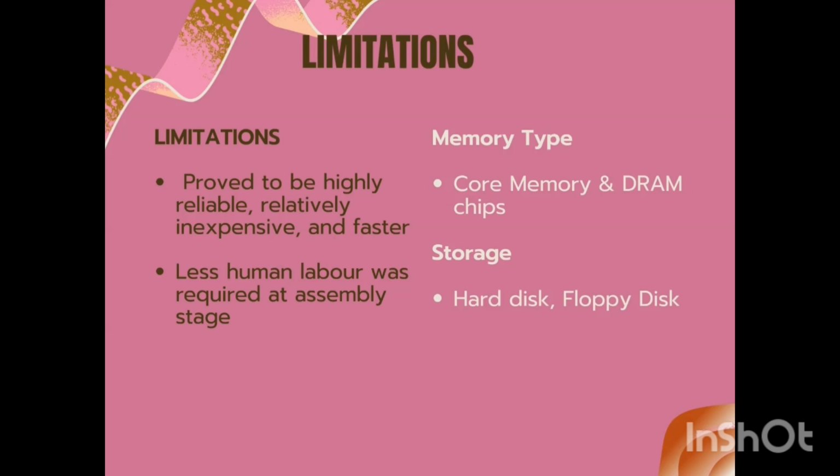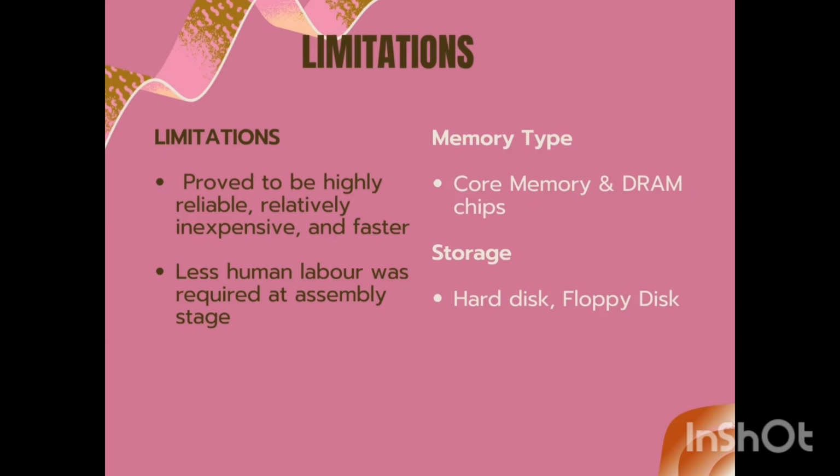Number two, less human labor was required at the assembly stage. I said fourth generation by mistake, but we are discussing third generation; these are the limitations of third generation computers.